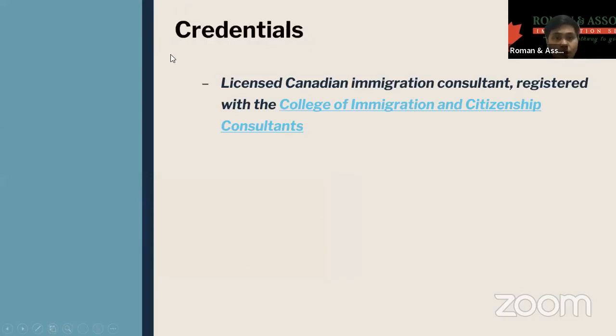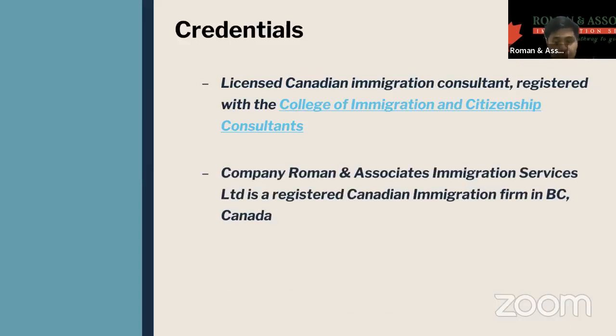As I mentioned, we have our own immigration consultant. He's a licensed Canadian immigration consultant registered with the College of Immigration and Citizenship Consultants po. Our company is Roman and Associates Immigration Services Limited. We're a registered Canadian immigration firm in BC, Canada po.